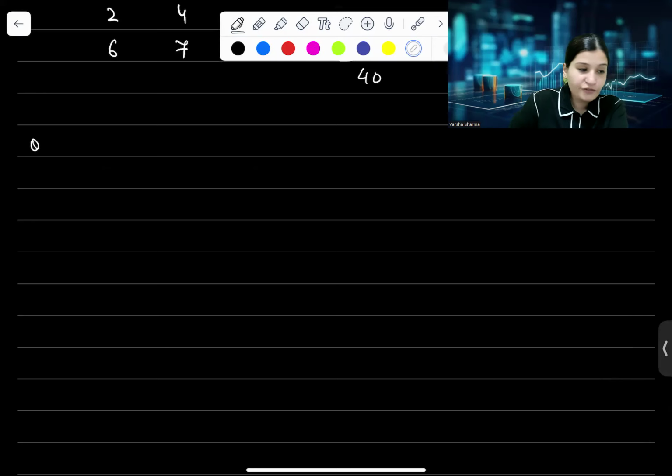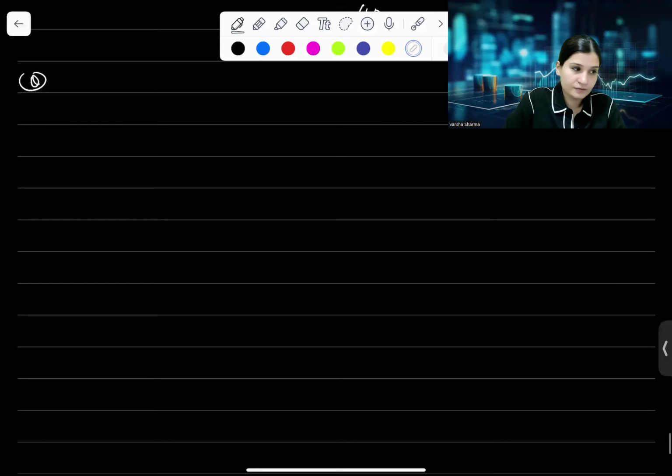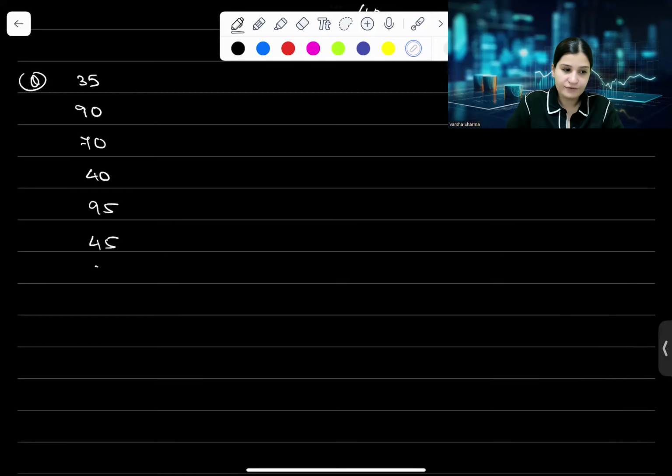Next. If I don't give you the rank and I give you values, then you need to first assign them rank. Question. X: 35, 90, 70, 40, 95, 45, 60, 85, 80, 50.